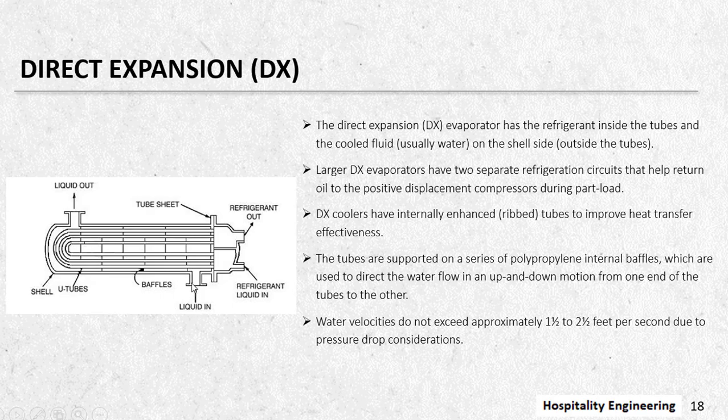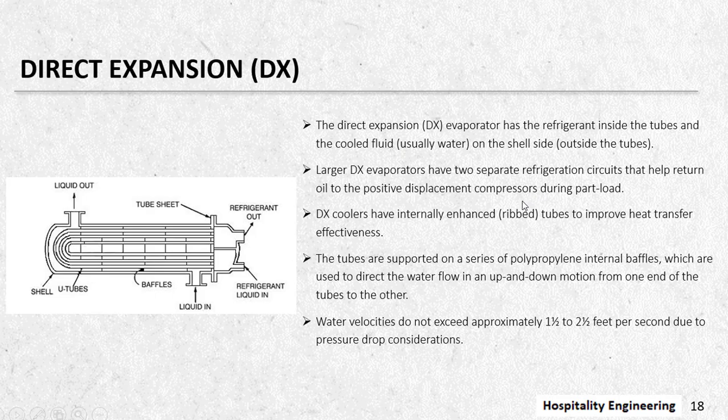Whereas the chilled water enters at the bottom, then leaves at the top. So it is just the reverse of what we have seen in the shell and tube evaporator. The direct expansion DX evaporator has the refrigerant inside the tube and the cooled fluid on the shell side.